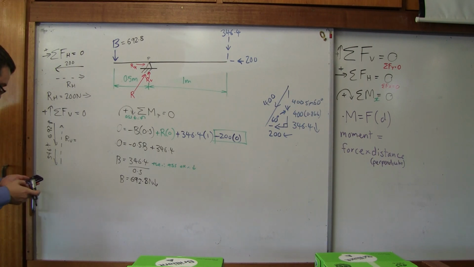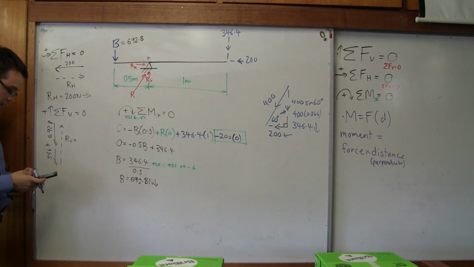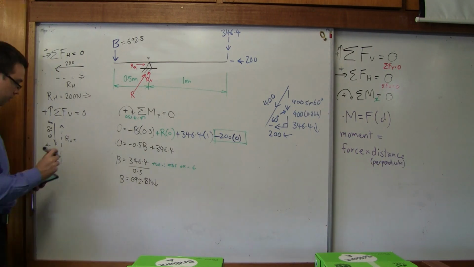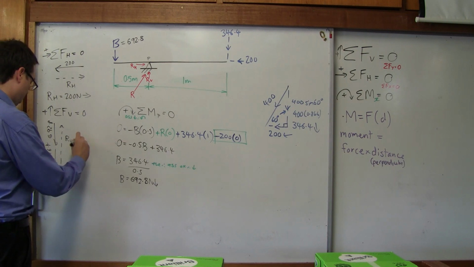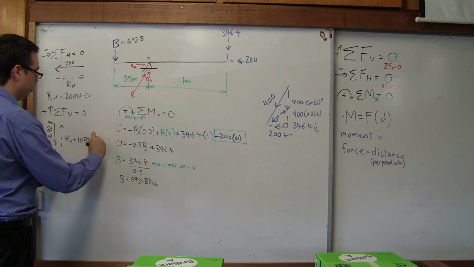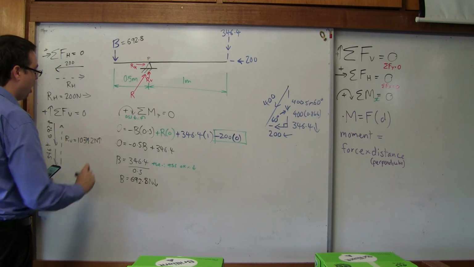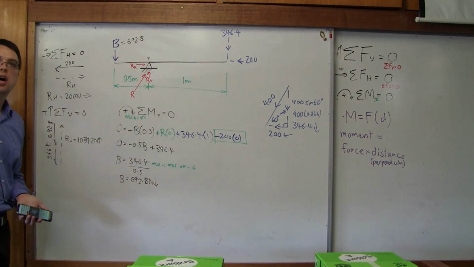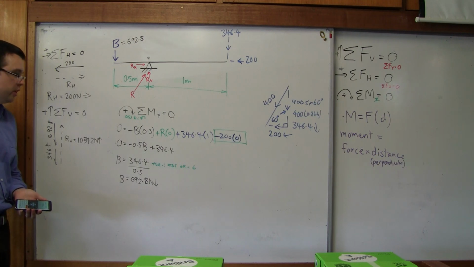Okay, then plus 346.4 plus 692.8, that's 1,039.2. I don't disagree with you, it will just be easier to write down. 1,039.2 newtons up.